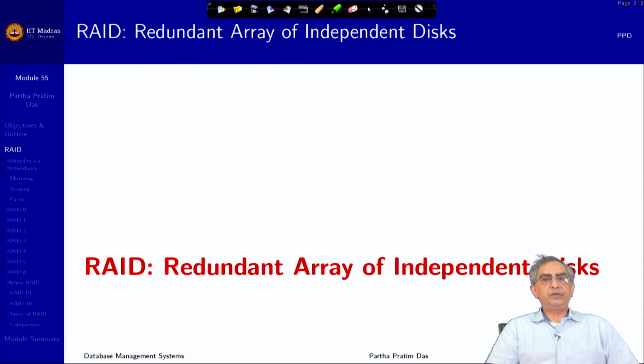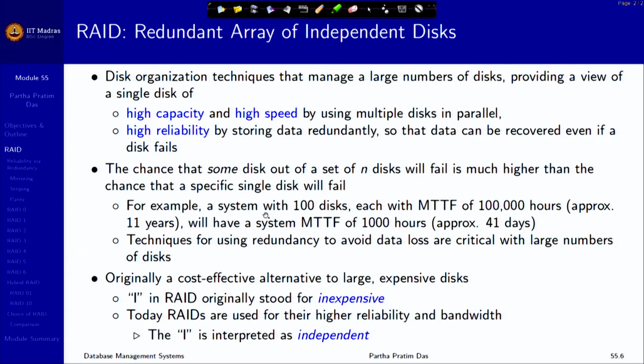When it was introduced, it was called redundant array of inexpensive disks. Over time, it is not always inexpensive. So, both the terms are used alternately, but more often we will just call it RAID.